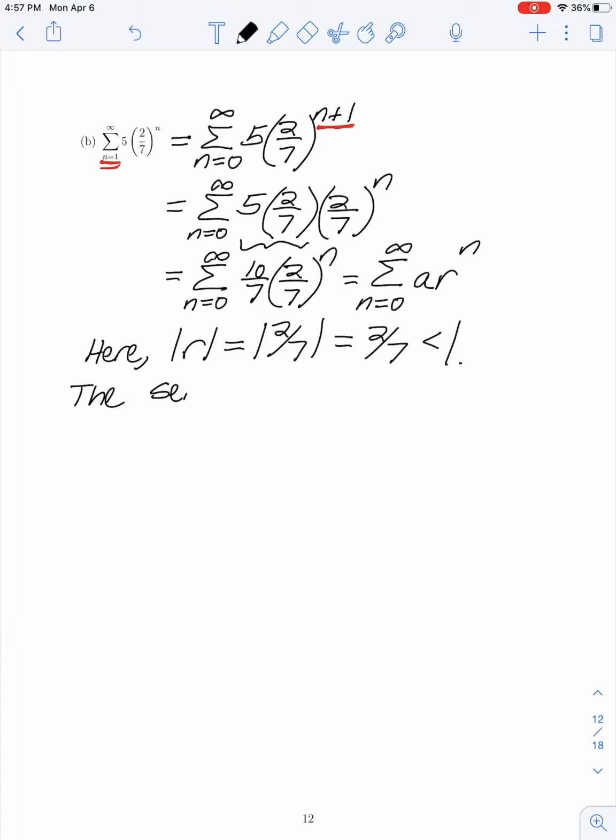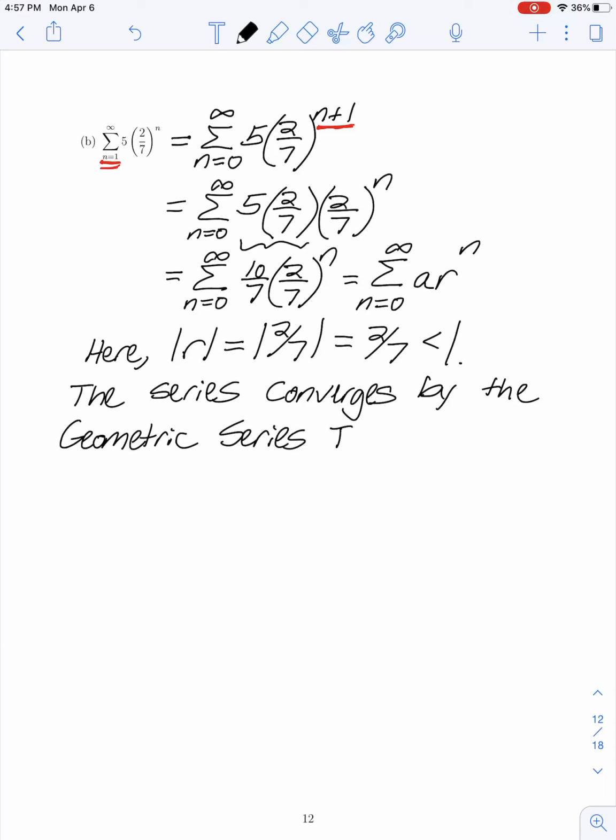So let's say the series converges by the geometric series test. Now, since it converges, we need to find the sum of this series.